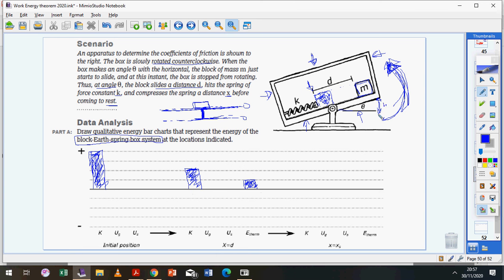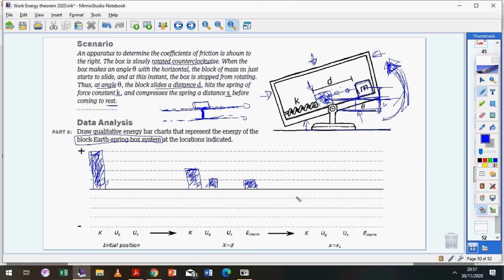Granted, as this block slides downwards, its potential energy is decreasing, but even still at this position, you could have counted its potential energy from the center of gravity if you're counting this as your zero position. So it still has potential energy due to this height right here, a little bit of potential energy. So that's going to look like that, and all my bars are adding up to be 4.